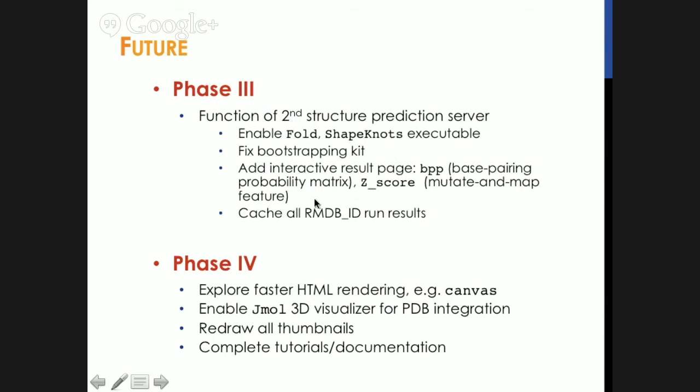And for a longer term future, currently we're using D3 for the heat map rendering. It works fine. It's just the rendering of the HTML is slower when the dataset is large.